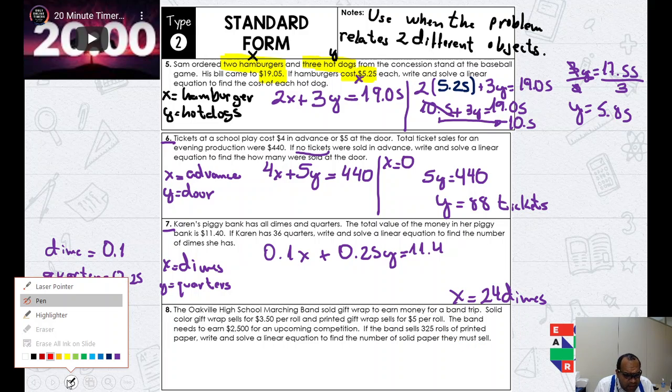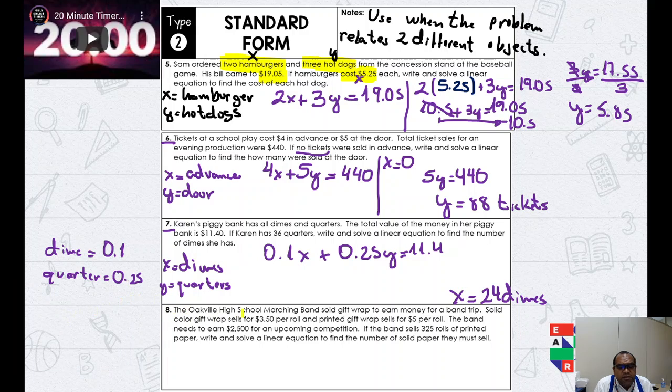Guys, let's highlight the second thing. We read again and highlight the color, solid color gift wrap sells for 3.50 per roll, and printed gift wrap was sold for 5 per roll.